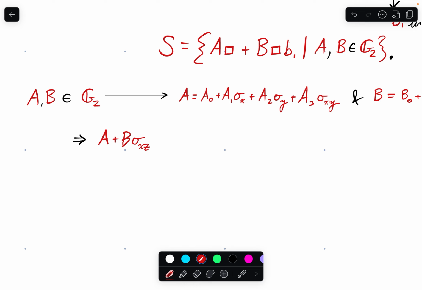Sigma XZ here. And then if I pull this and expand everything, I'm going to end up with all of this.